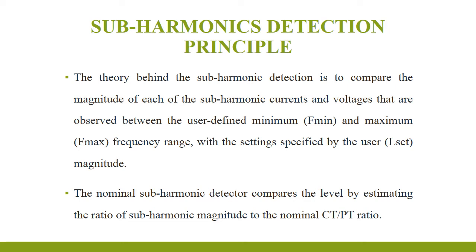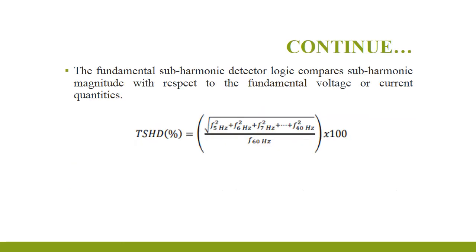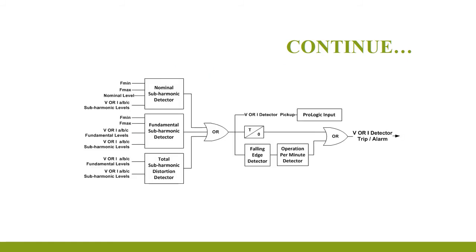The nominal subharmonic detector compares the level by estimating the ratio of subharmonic magnitude to the nominal CT by PT ratio. The fundamental subharmonic detector logic compares subharmonic magnitude with respect to the fundamental voltage or current quantities. The subharmonic detector is listed in this slide.